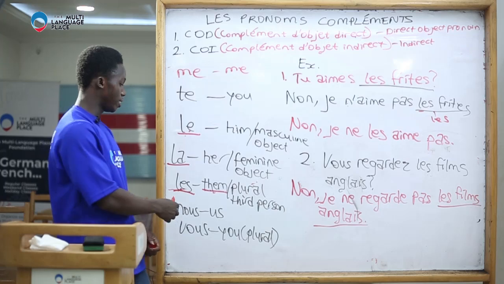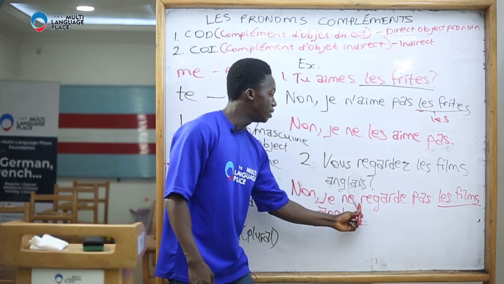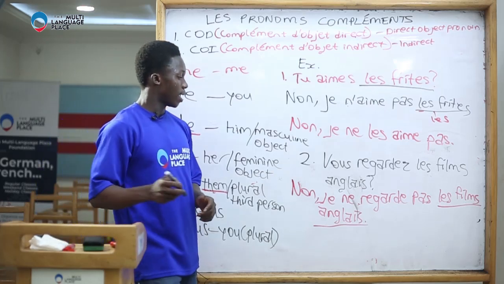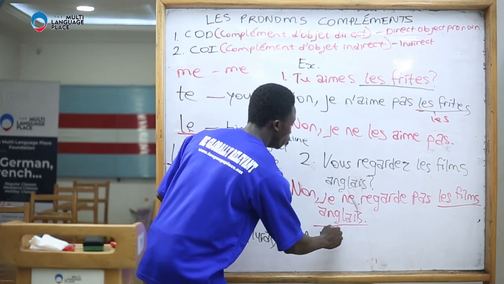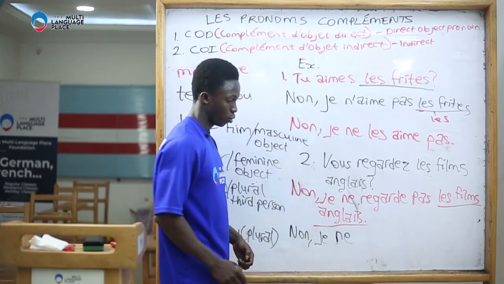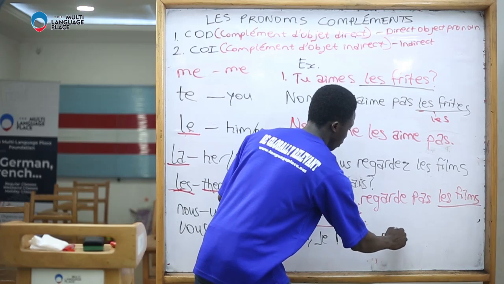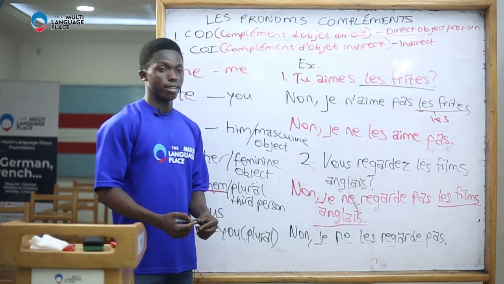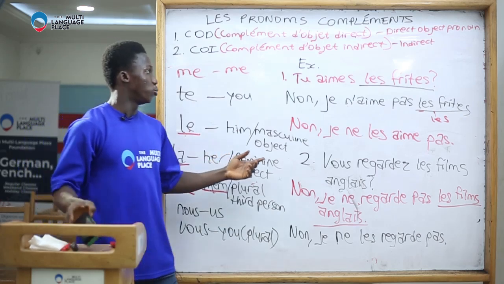Them in French is les. And remember that les, COD, comes immediately before the verb, acting on it. So we say, non, je ne les regarde pas. Très bien.